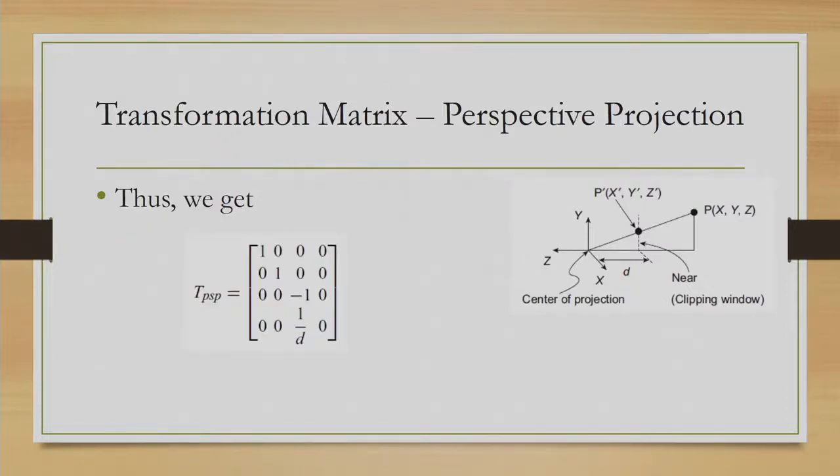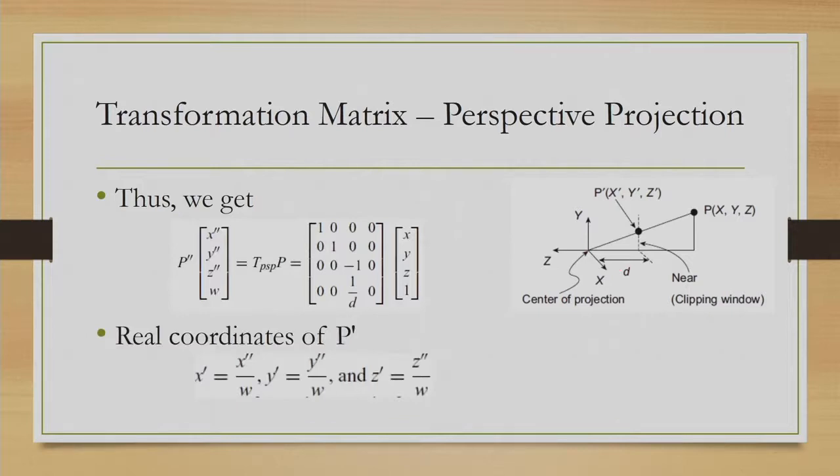From there we can reorganize to get the transformation matrix in this form, where d is the distance shown here between the origin and the projected point on the near plane, or between the origin and the near plane.